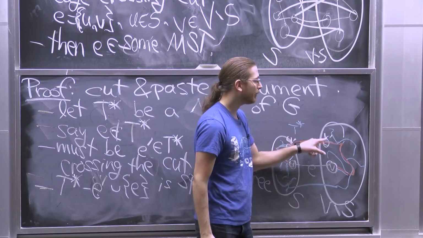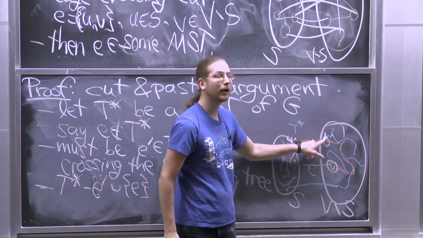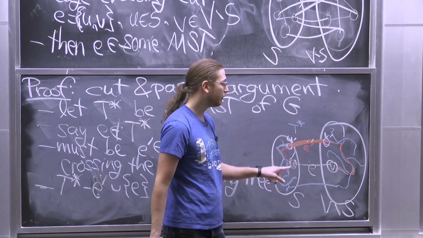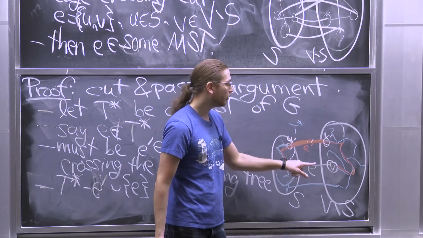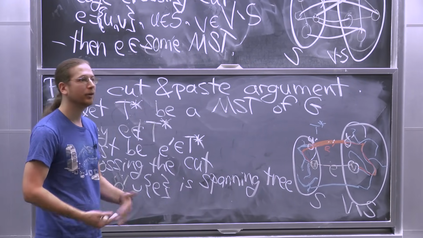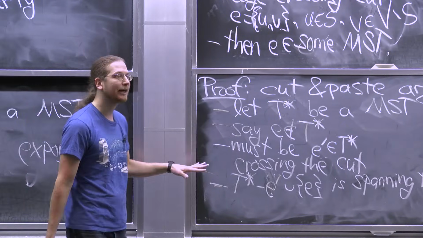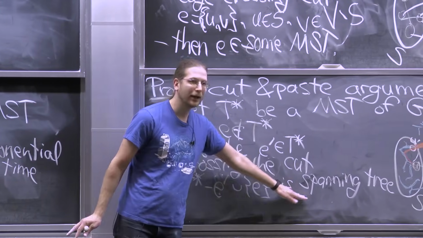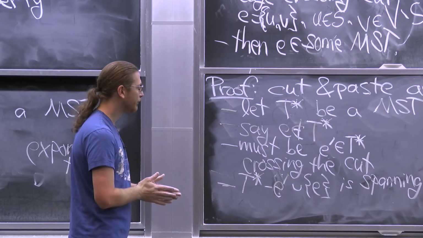I know V and V prime are connected by a path. But I know that by deleting E prime, U prime and V prime are not connected to each other. Therefore, U and V are not connected to each other after removing E prime. So when I add in E, I newly connect U and V again. And so everything's connected back together. I have exactly the right number of edges. Therefore, I'm a spanning tree. Okay? So that's the graph theory part.